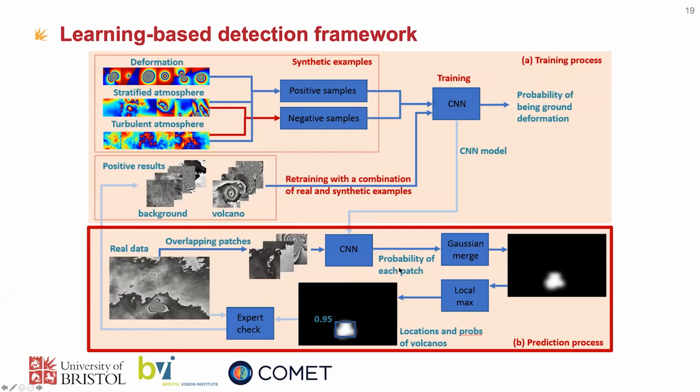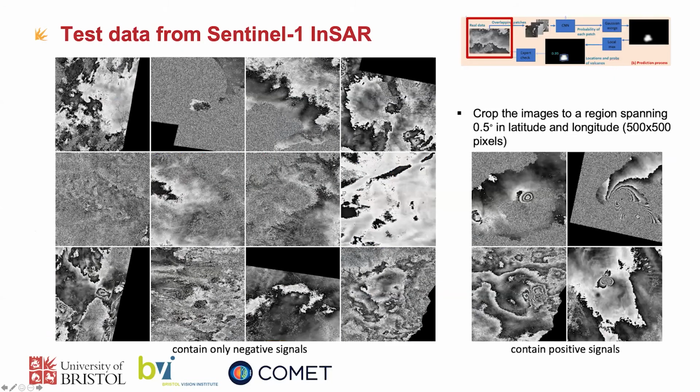We tested with the Sentinel-1 InSAR data. I'm showing you here the grayscale images because when you look at the InSAR data, it's usually colorful, representing the phase change between -pi and pi. But for the network, the inputs are seen in only one channel, which is the grayscale image.